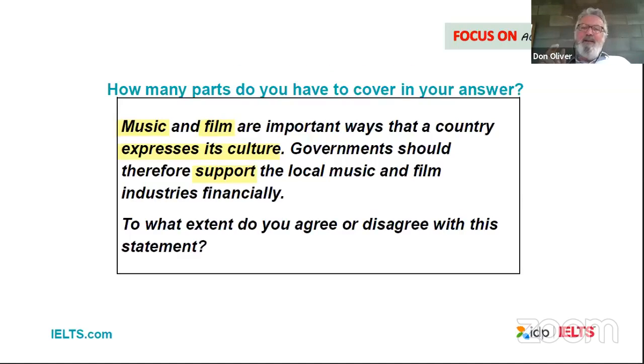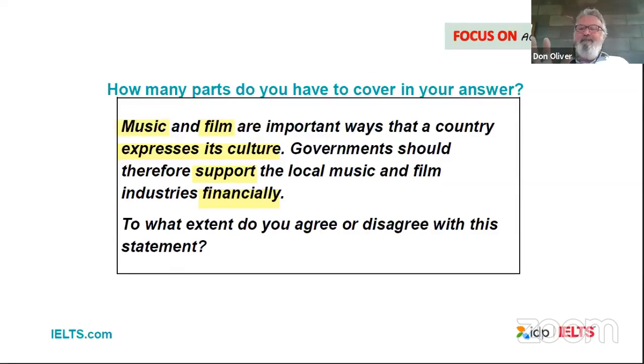Then we're asked about government support. Well, does the government simply give an award to someone, to a musician? No, we're asked about financial support. In other words, to what degree should the government give money to musicians and filmmakers?